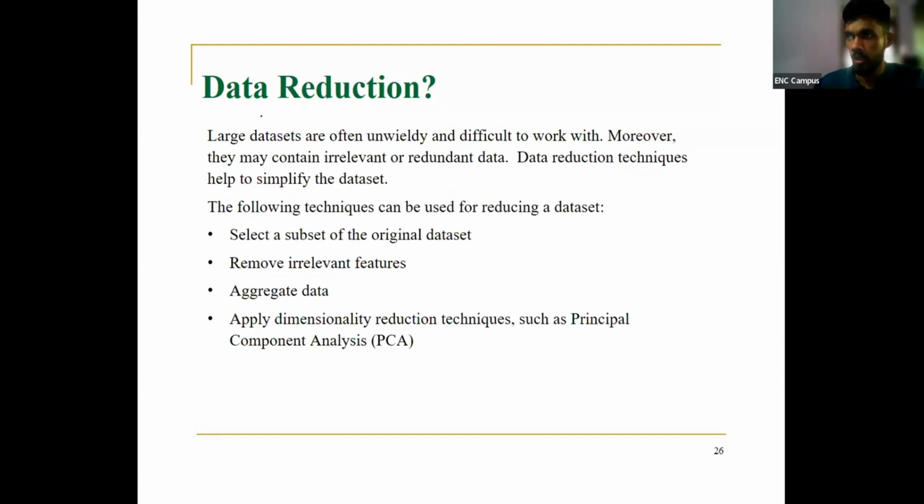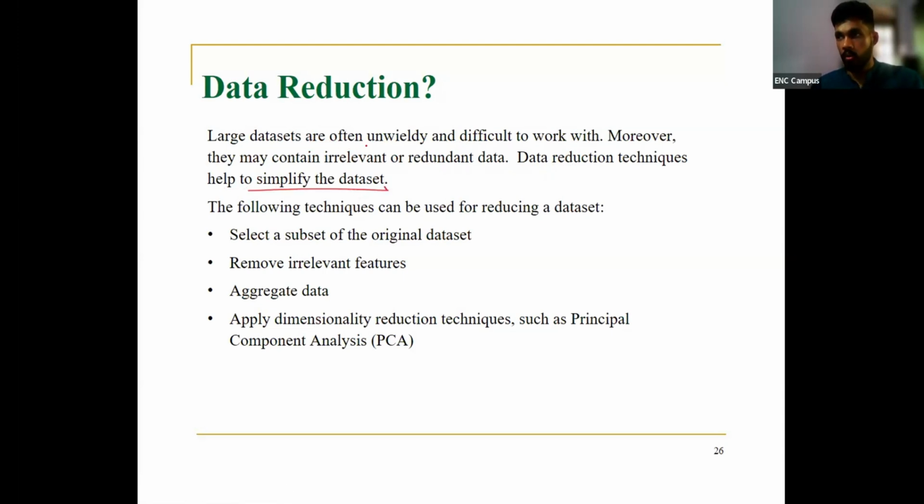Then we have data reduction. Data reduction means large data sets are often unwieldy and difficult to work with, so we need to reduce them because it will simplify the data set.